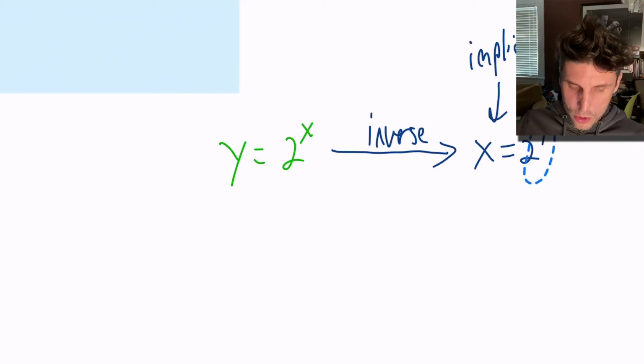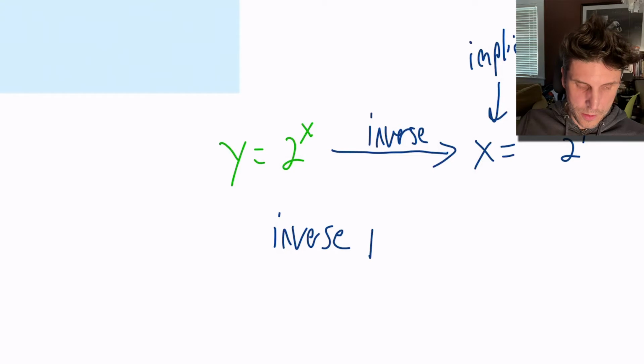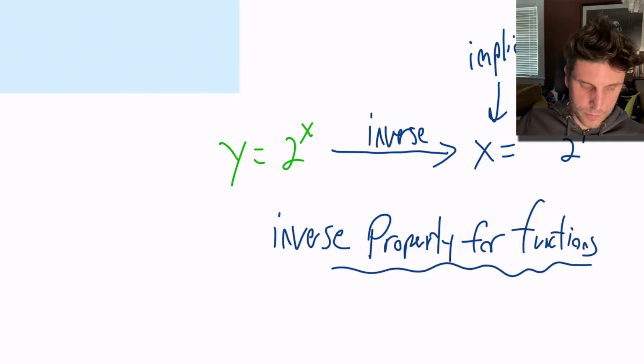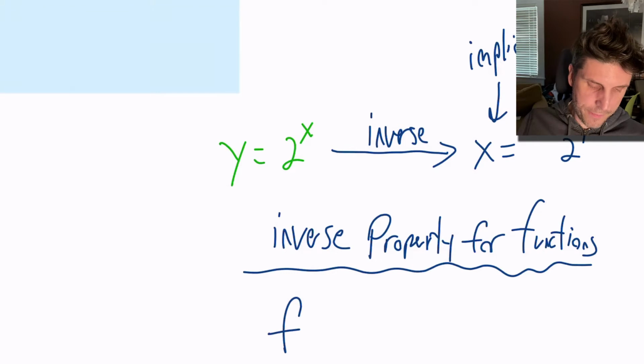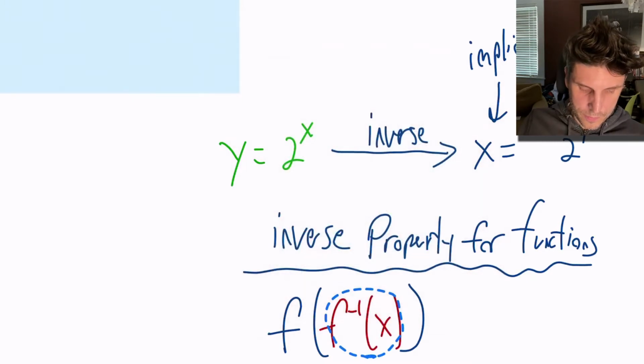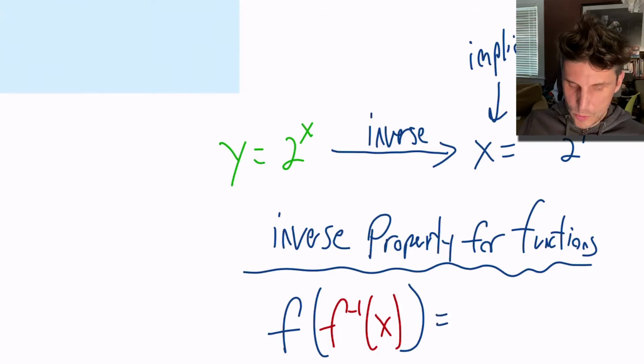If you recall, when you learned about inverses, there's this inverse property for functions. And that is f of f inverse of x, if you compose them, that's going to equal x.